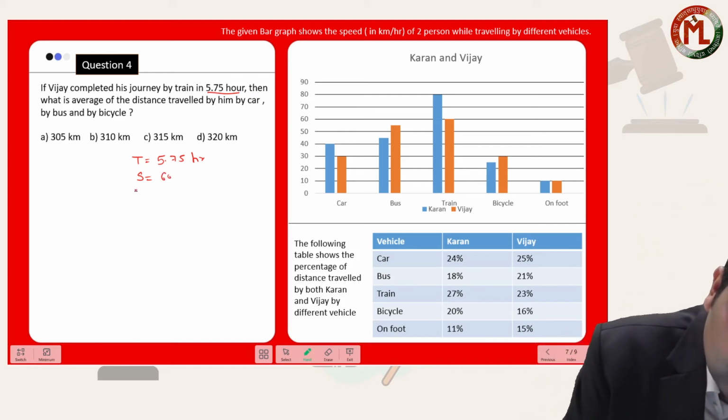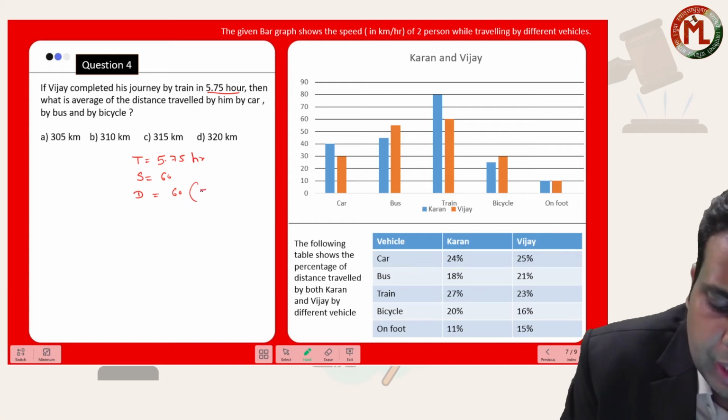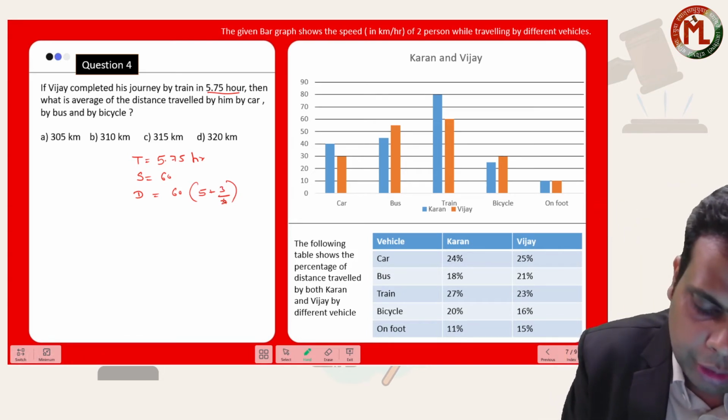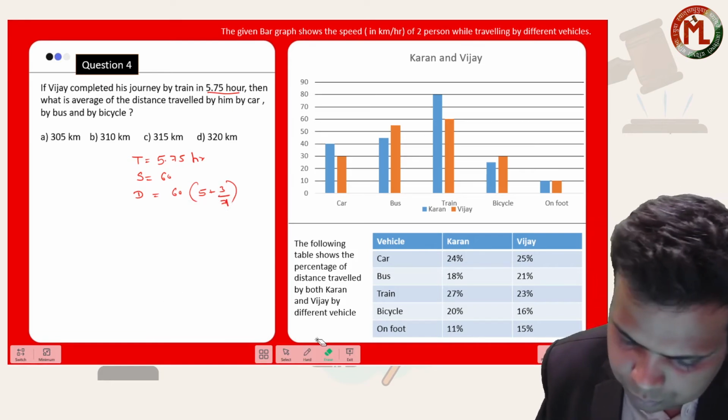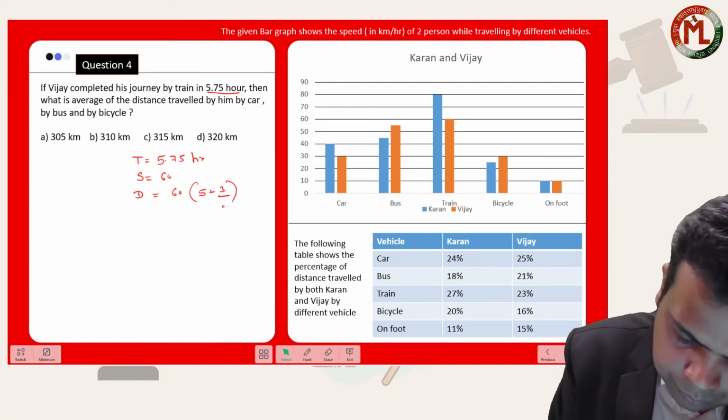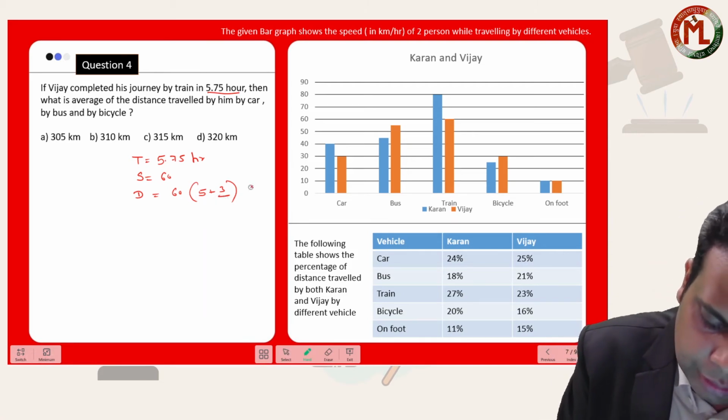Again easily we can see the calculation here. Distance is equal to what? Speed into time. So speed is 60 and time 5.75, we can write 5 plus 3 by 4. Again this is the important trick. Instead of 0.75 I can write 3 by 4, right? Again this calculation is now very easy.